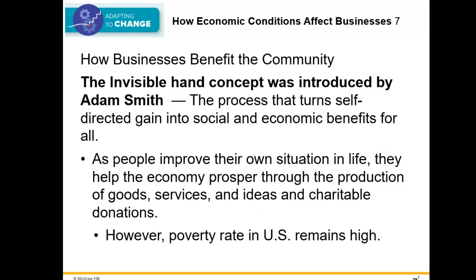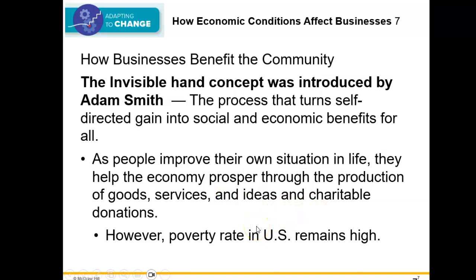He also had what's called the invisible hand concept, the process that turns self-directed gains into social and economic benefits for all. So what does that mean? What Mr. Smith believes is that as people improve their own situation in life, they help the economy prosper through the production of goods, services, ideals, and charitable donations.